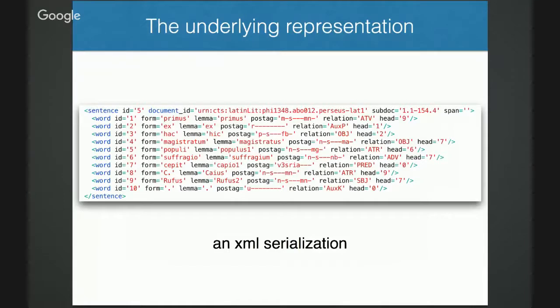So XML, in a few words, is simply a format that allows you to describe a text distinguishing between the markup, something that we say about a text, and the value, the text itself. For example, here form is a way to say I'm talking about the word form of my text, and the value for this word form is primus.